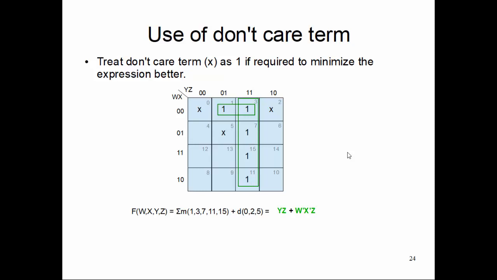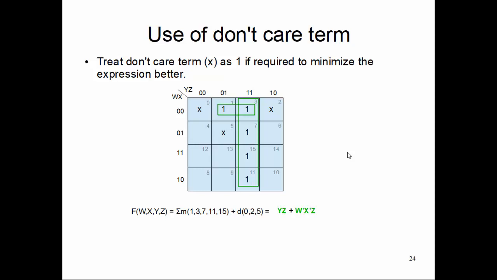This means you don't need to include all the X's all the time. Don't treat them as 1. You treat them as 1 only if it helps you make a bigger group. Essentially, it also means you cannot make a group which contains only X's.